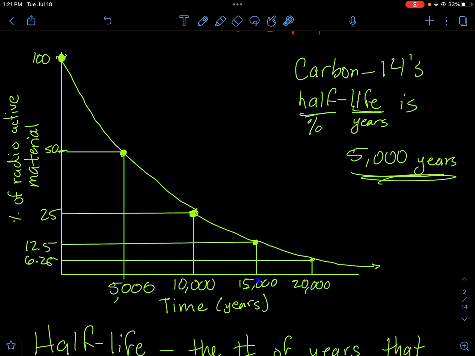And then after another 5,000 years, you're left with 6.25% of that original 100%. And so it creates this nice, clean exponential curve that gets closer and closer to zero until realistically every single atom is decayed.